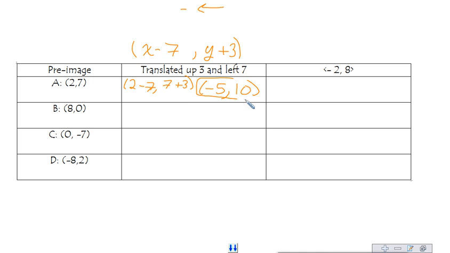That would be my answer. Okay? In this guy, exactly what it says. I'm going to take my 2 and subtract 2. I'm going to take my 7 and I'm going to add 8. Okay? And that's going to give me 0, comma, 15. I believe that's 15. So that would be my new coordinate.